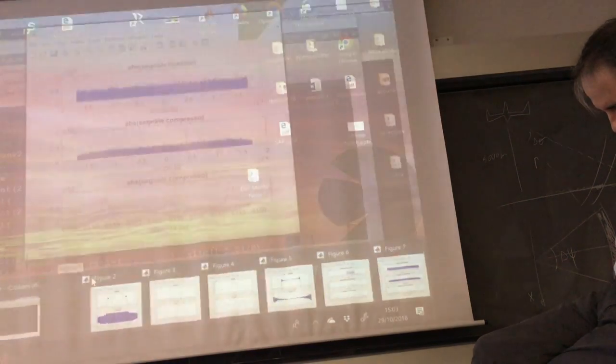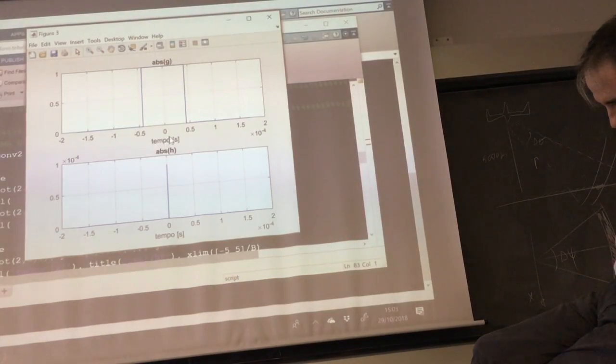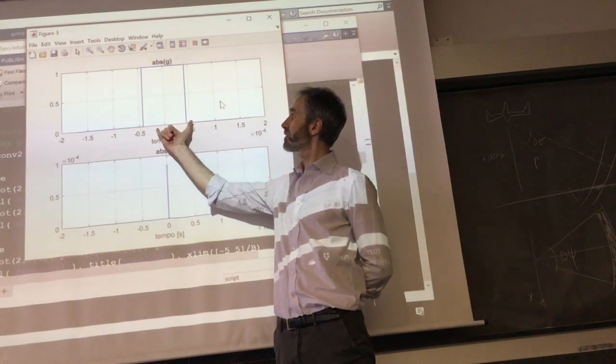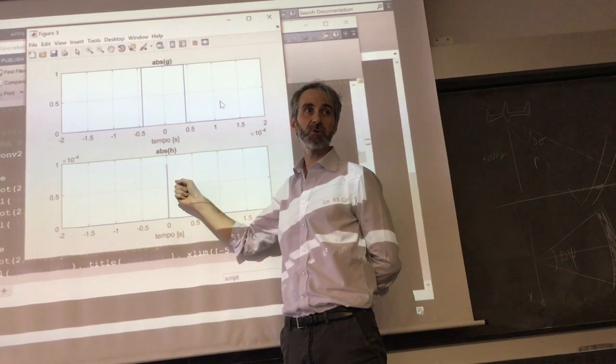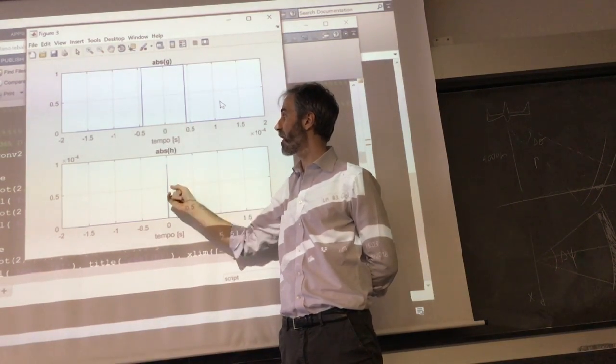So this one we saw, this one we saw. This is the transmitted signal in time. So this is a very long signal. This is its autocorrelation, so that it narrows down a lot.